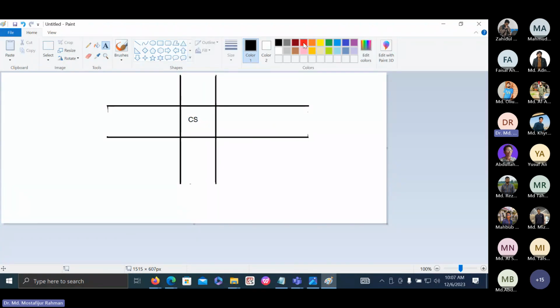I can make it red color. Okay, so these are the roads. We can show this road is like that. This is the middle divider.